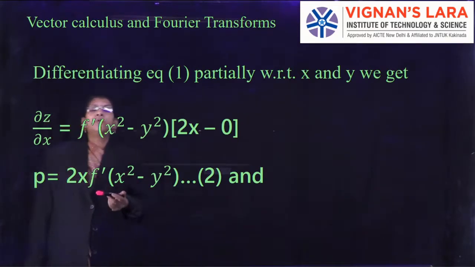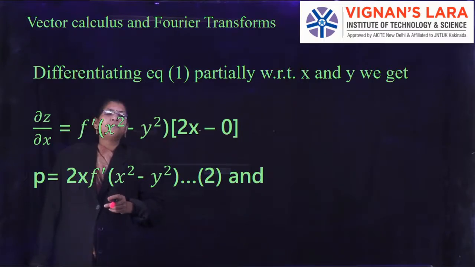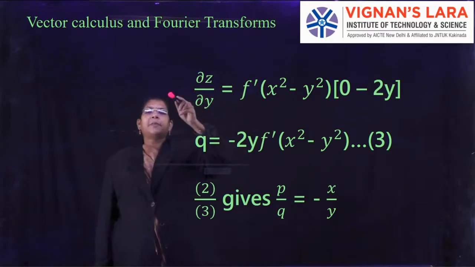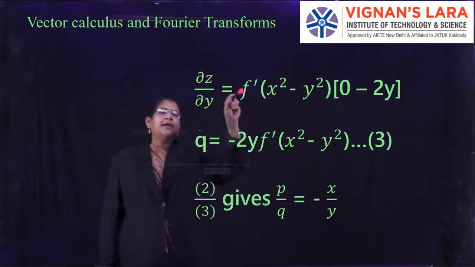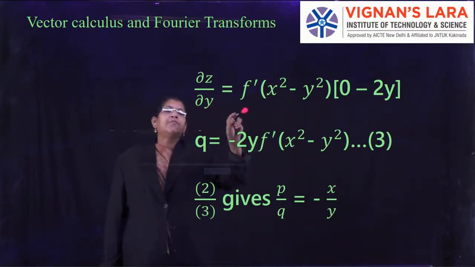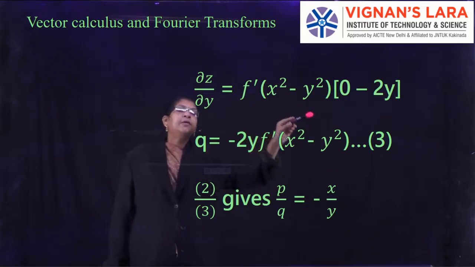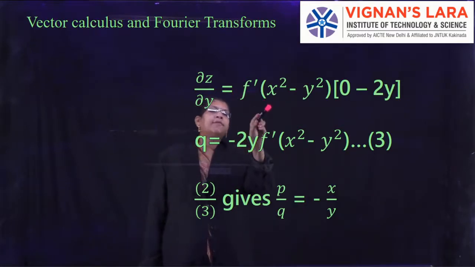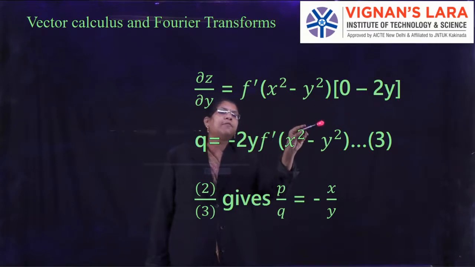Now we will differentiate equation 1 again partially with respect to y. What is the derivative for z? ∂z/∂y equals f dash of x² minus y² into the derivative of the bracketed value: for x² the derivative is 0, for y² the derivative is 2y.